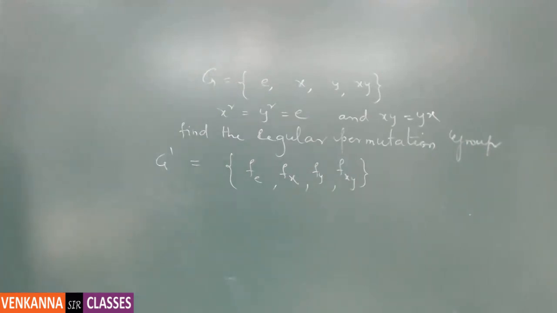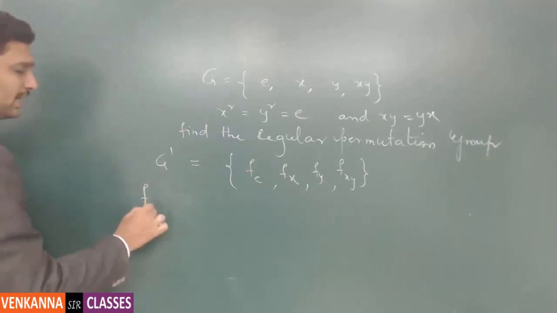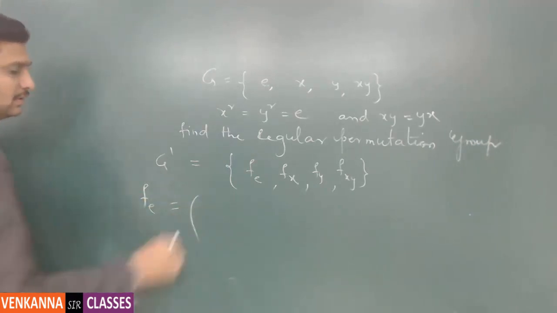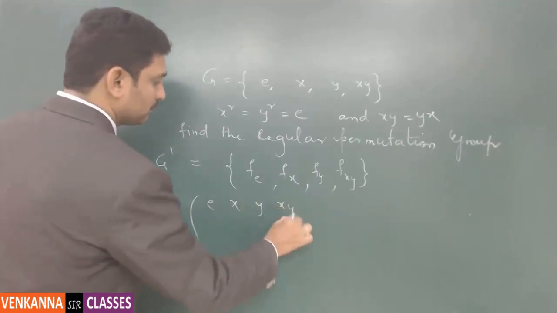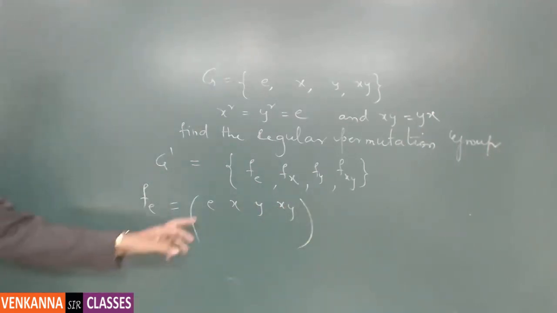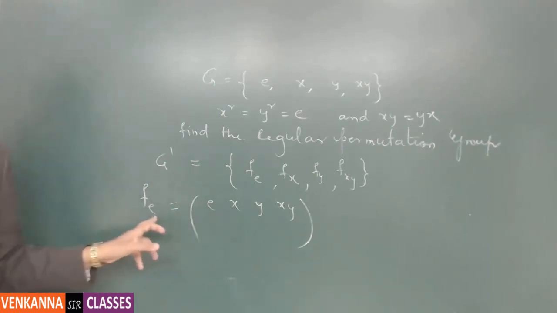And now let us calculate the values one after the other. So here f_e is nothing but, you are multiplying each and every value with e. Since e is the identity element, the same values will come as a result.